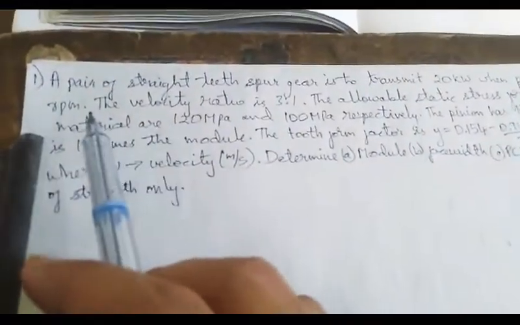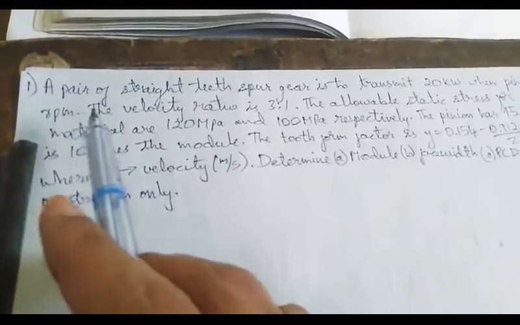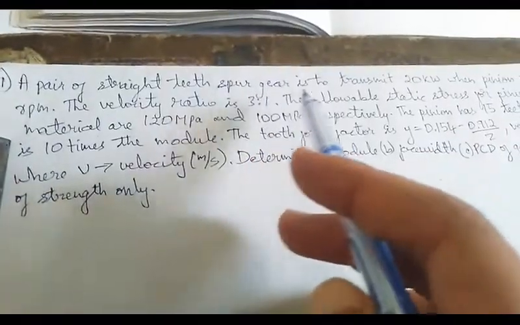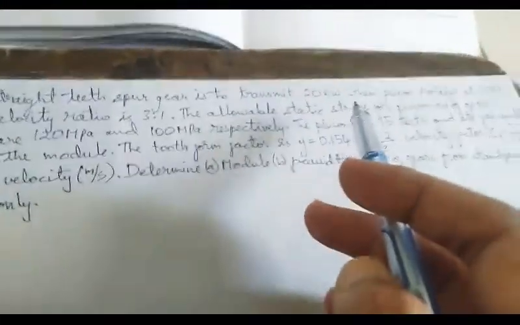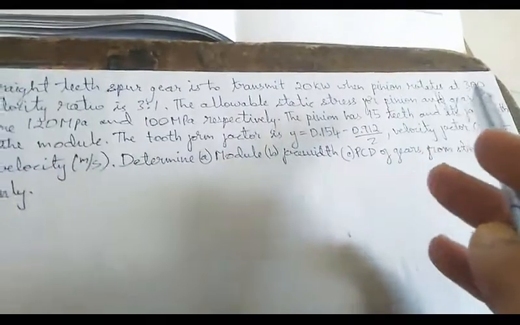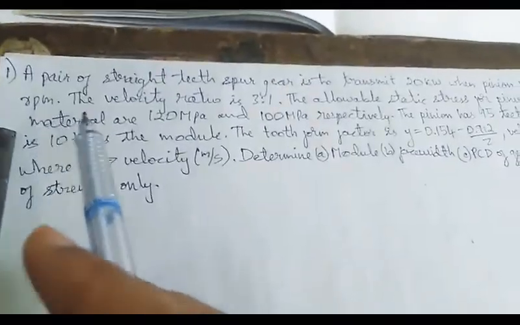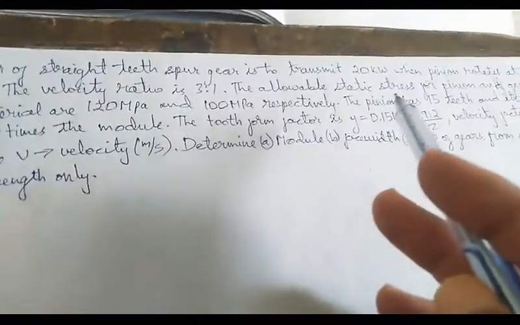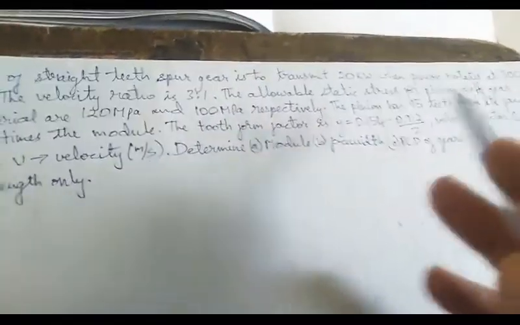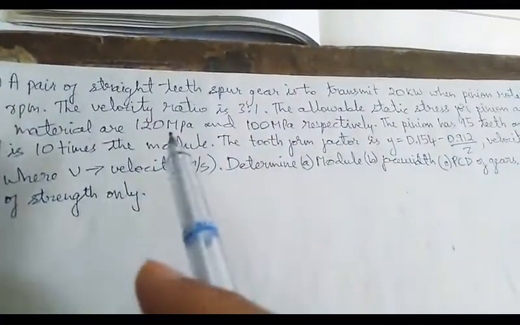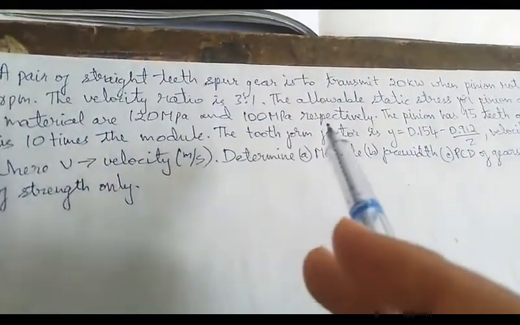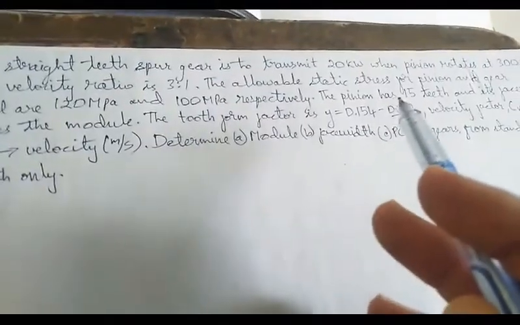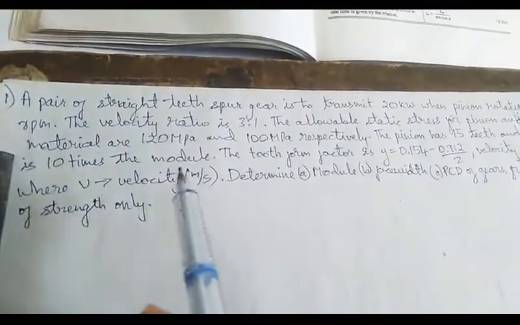Now we shall solve the first problem on spur gears. A pair of straight teeth spur gears is to transmit 20 kilowatts when the pinion rotates at 300 rpm. The velocity ratio is 3:1. The allowable static stress for pinion and gear material are 120 MPa and 100 MPa respectively. The pinion has 15 teeth and its face width is 10 times the module.